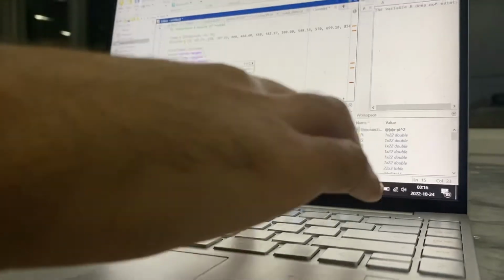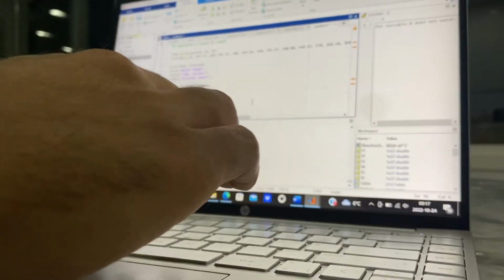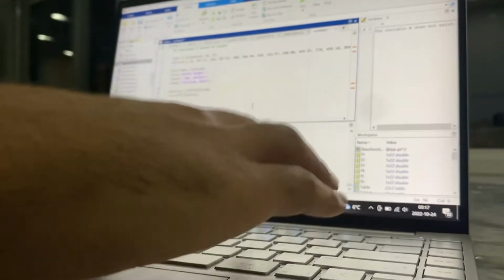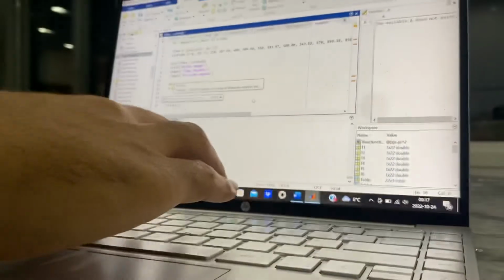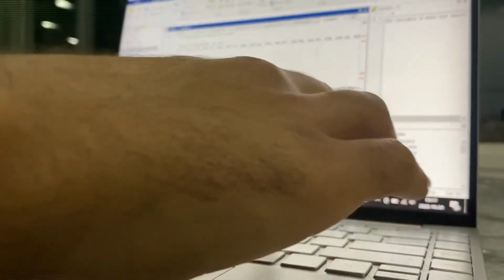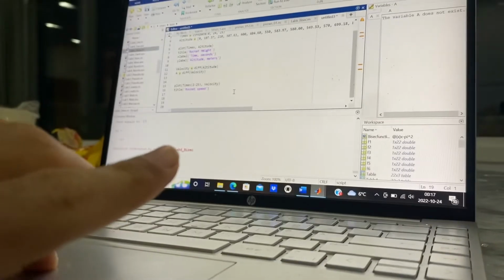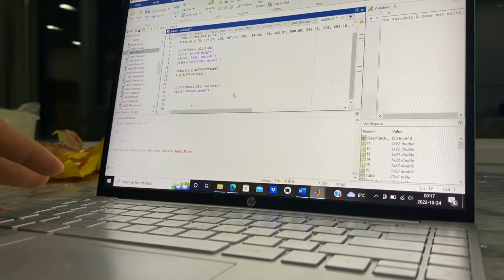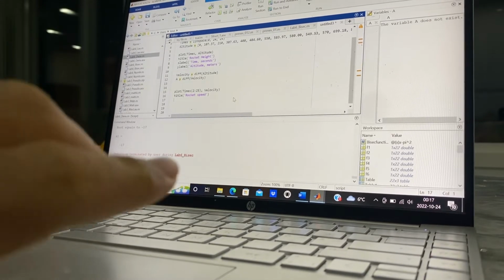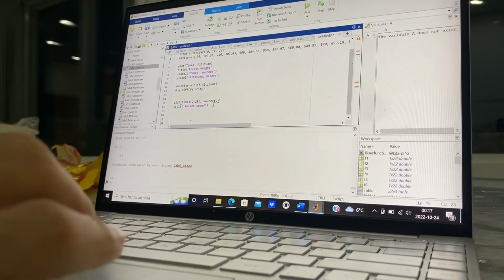And the title of this is rocket speed. The title, rocket speed. And the X label here will also be times in seconds. So I forgot the S here.